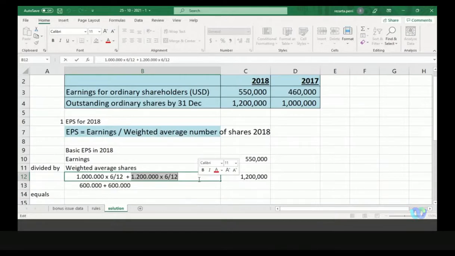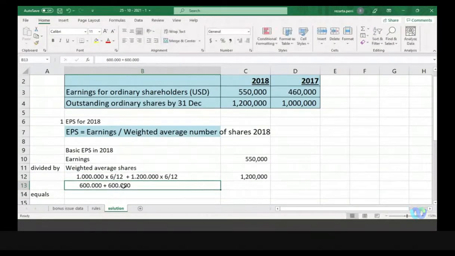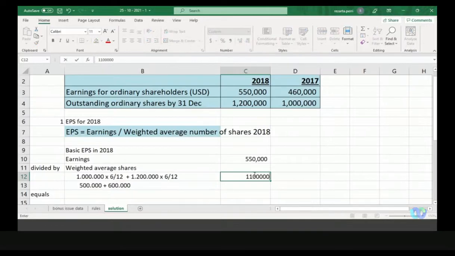If we make the calculations over here, as you can see, the first part of the equation will be 500,000 plus 600,000. I would have 1,100,000 shares in issue. Again, if that is not a bonus issue, if that is an issue of common shares at full market price, an ordinary issue of shares like every time, we would have the weighted average number of shares of 1,100,000.